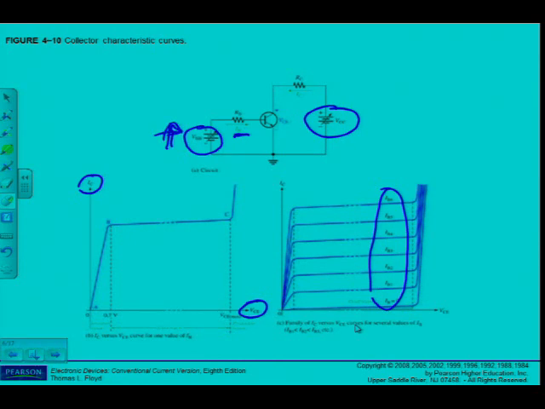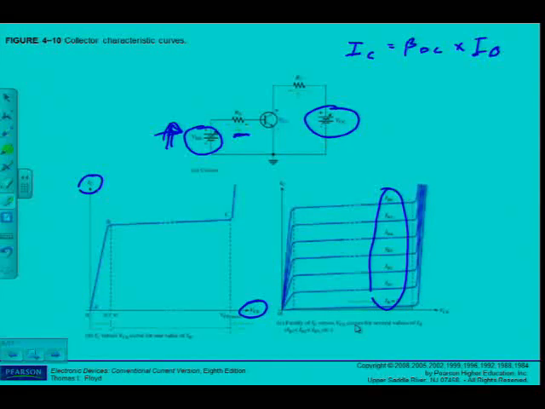So as I increase IB, I see that IC will also increase and VCE will also increase. Because remember, the formula that we looked at is the ratio between IC and IB. So IC is going to be equal to beta DC times IB.